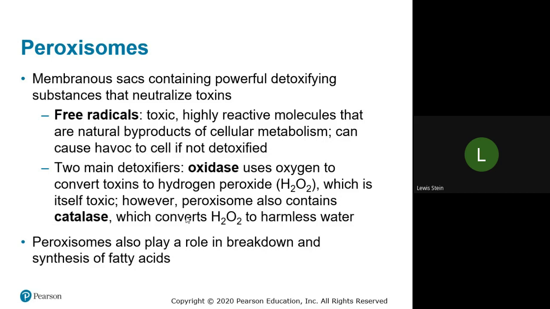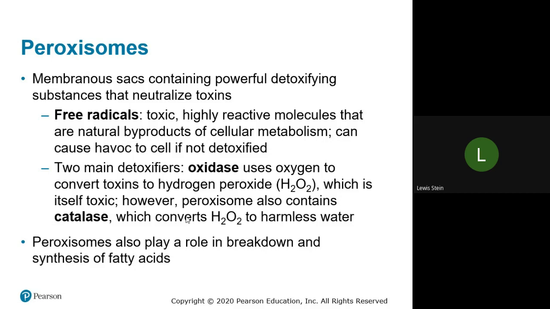Okay. What if it malfunctions? Periodically, you get this bad boy, the superoxide radical.